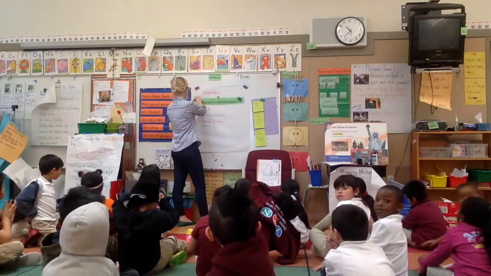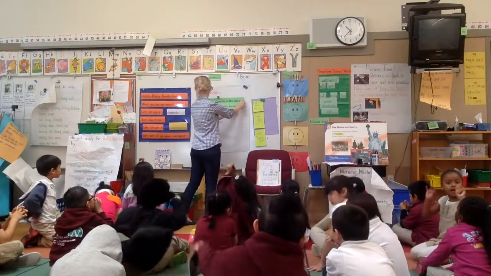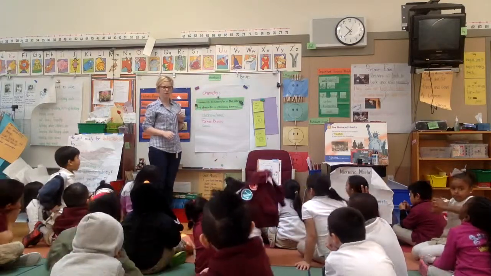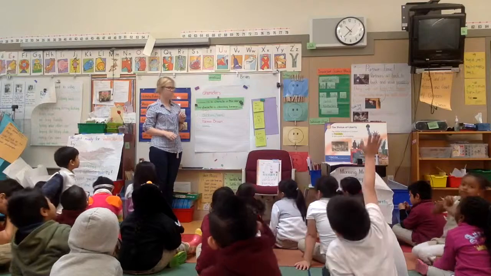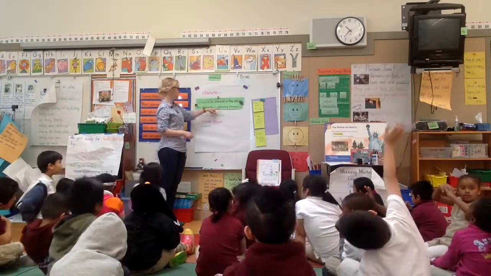You're going to use this second sentence frame to talk about the same character you talked about in your first sentence frame. And you're going to say, this character is interesting because.